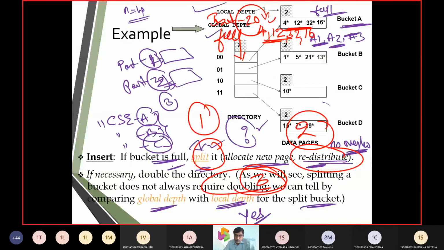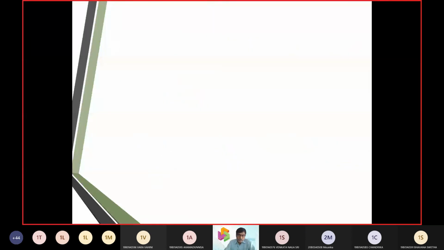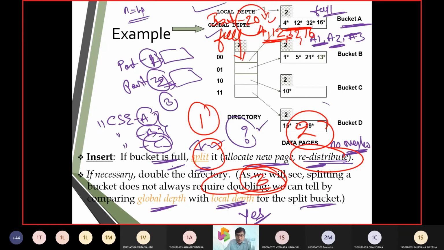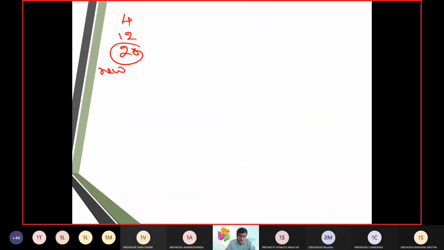So we have elements 4, 12, 20 was the new one. Then the other two elements were 32 and 16.